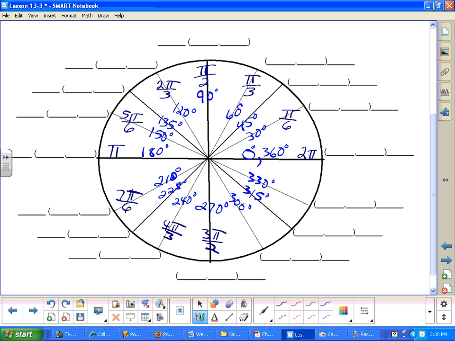Then 10/6, which is 5/3. And then 11/6. And we could go to 12/6, which would be at 2 pi. And then we could even keep counting: 13/6, 14/6, 15, 16, and just keep going.